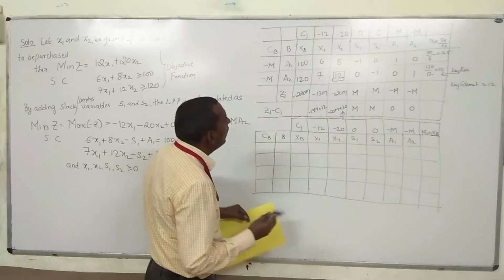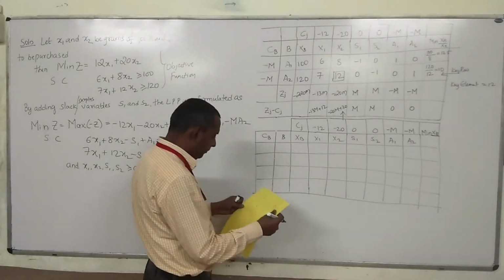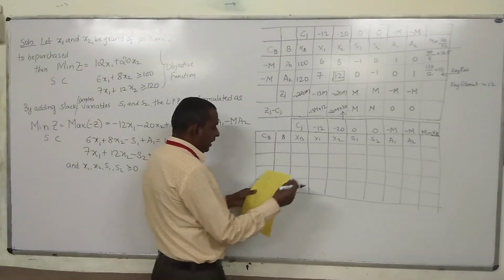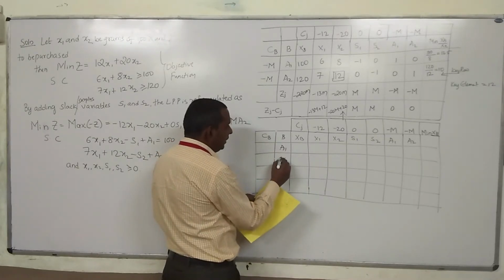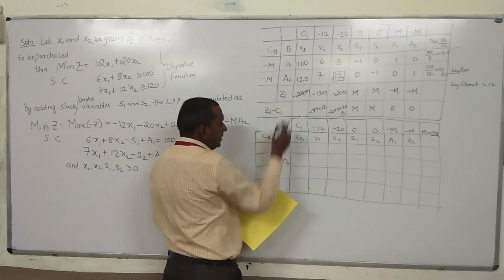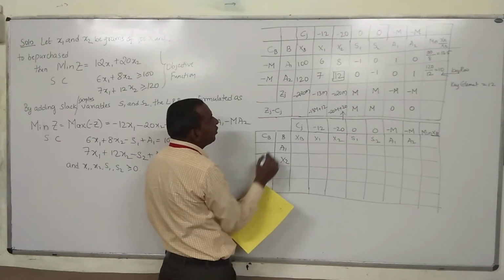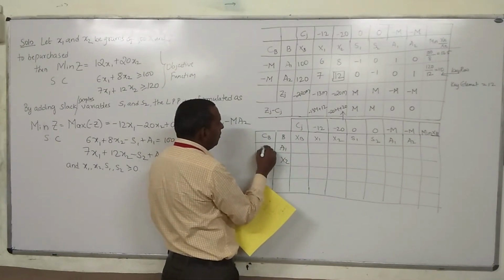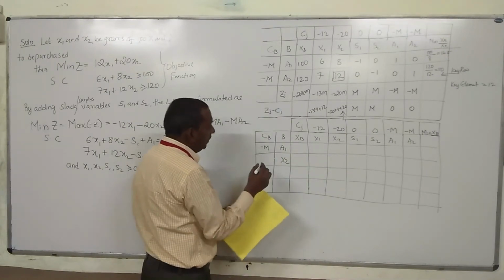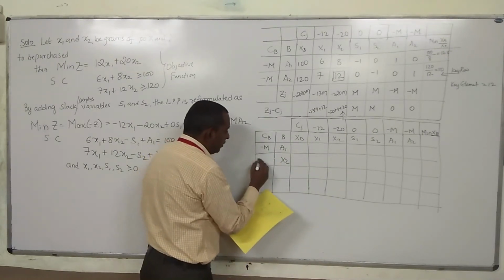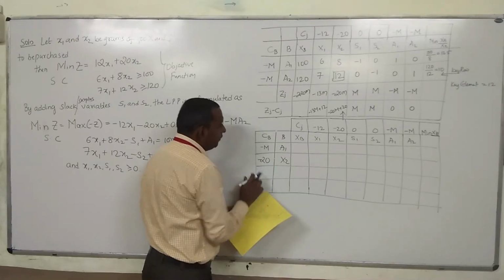So what happens here? A1, whereas X2. So A2 leaves the basis, X2 enters the basis. The coefficient of A1 is minus M and the coefficient of X2 is minus 20. Fine.